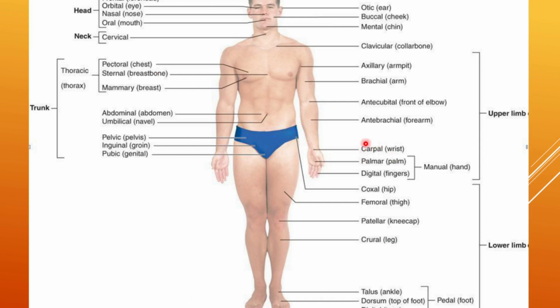Thinking about things to do with the wrist, these are called carpal. Things to do with the leg, being the region between the knee and the ankle, as opposed to the whole lower limb when we're talking about anatomy. So the leg, or things related to the leg, tend to be described as crural.